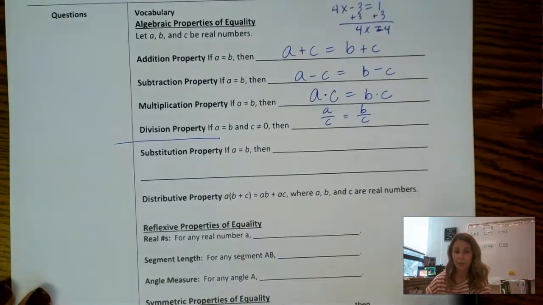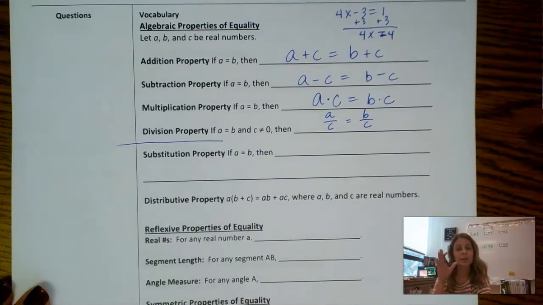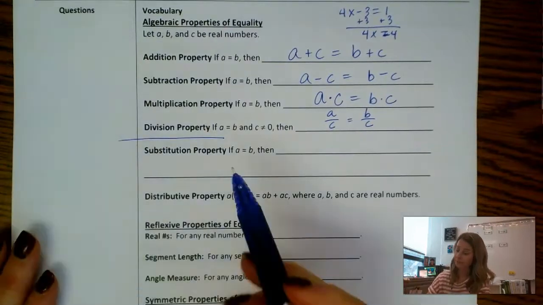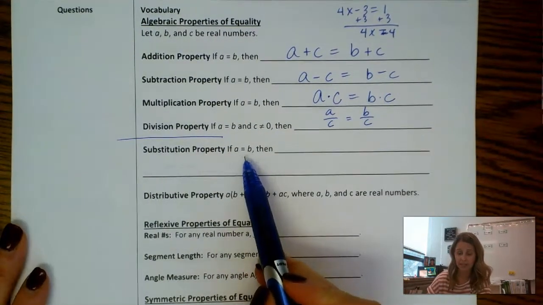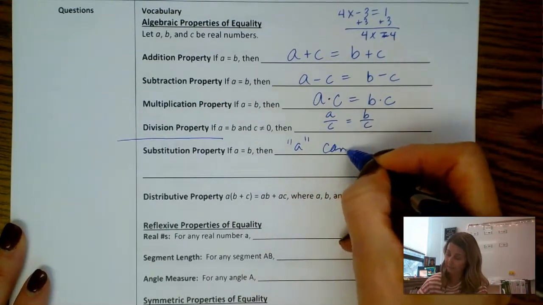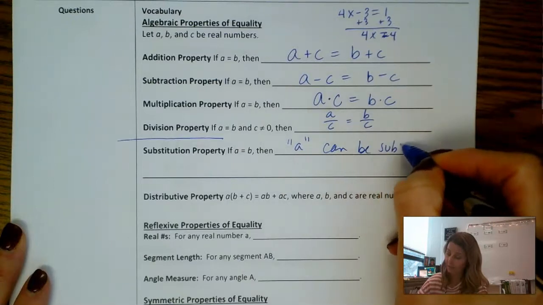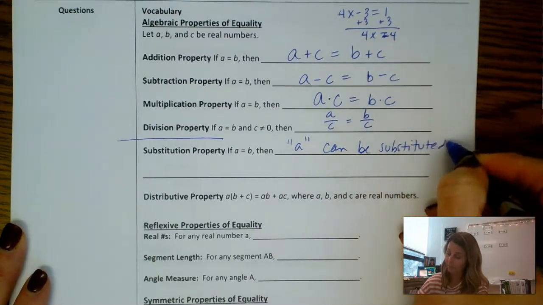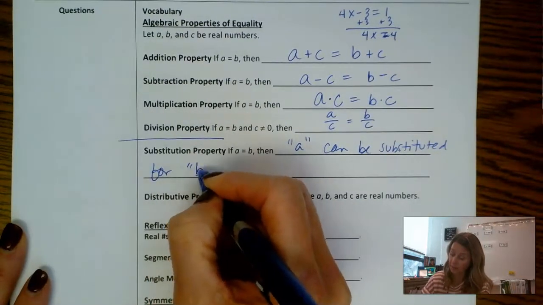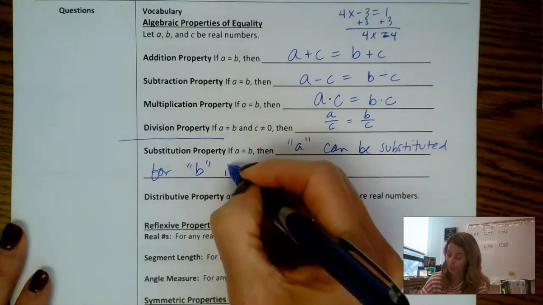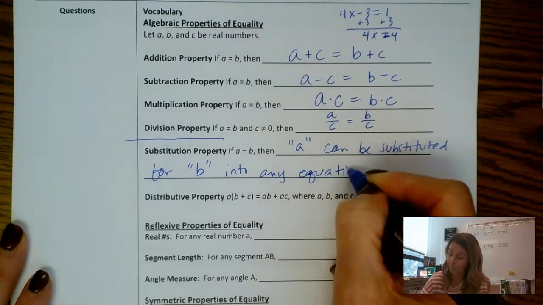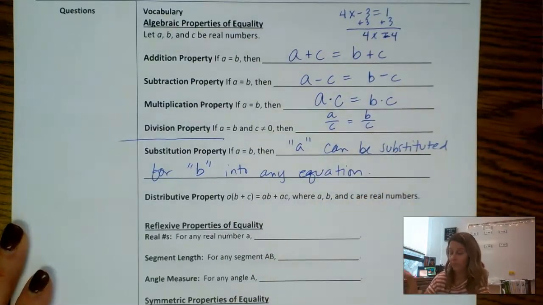Now, your substitution property is not necessarily a property of equality because you don't have to substitute on both sides of the equation. So the substitution property, if A equals B, then, I'm going to put here in quotes, then A can be substituted for B into any equation or expression.